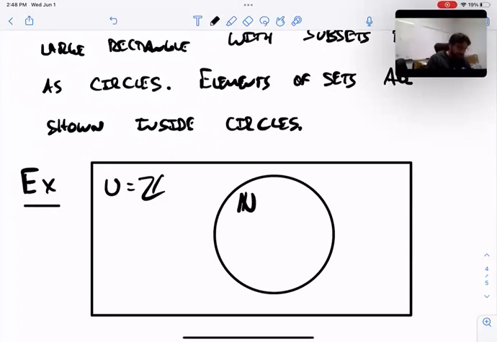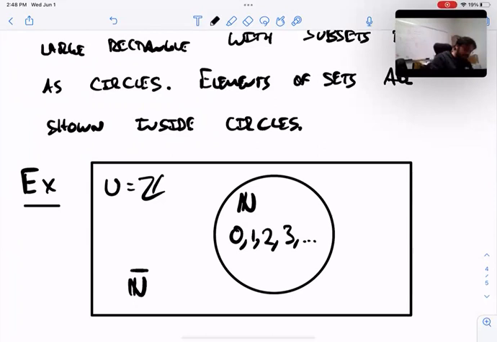So here I would have 0, 1, 2, 3, etc. inside the natural numbers. And then out here, this is the complement, what's outside. And maybe let me actually show this with some color.